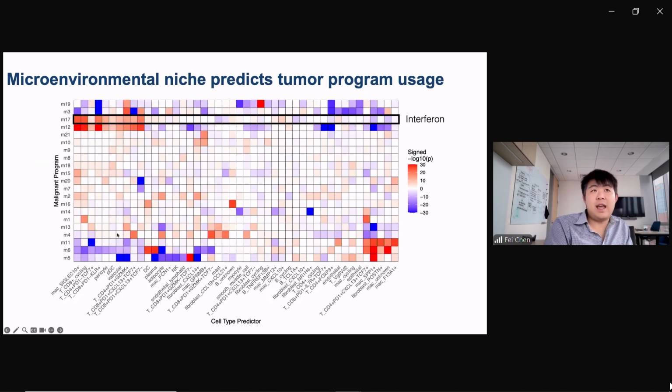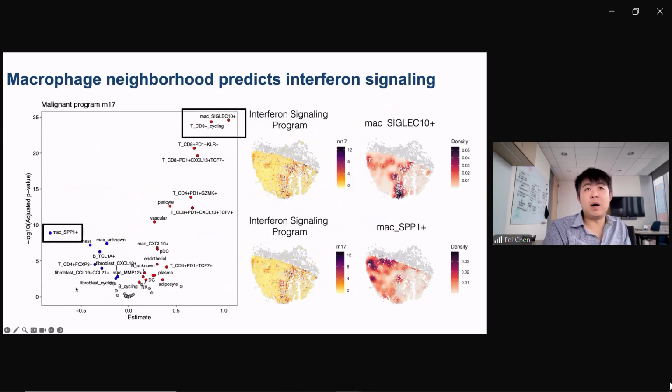This is M17, and what's predicting that is their interactions with many of these tumor responsive cytotoxic T cell neighborhoods, as well as this macrophage cyclic 10 population. So CD8 cycling, tumor responsive CD8s, and this macrophage population. You can see here that this cyclic 10 macrophage population is highly correlated with this interferon response program. This is in tumor cells, and this is the macrophage spatial density.